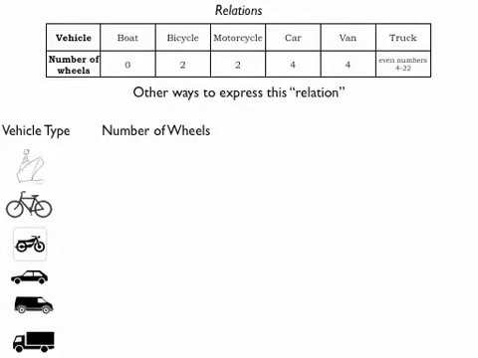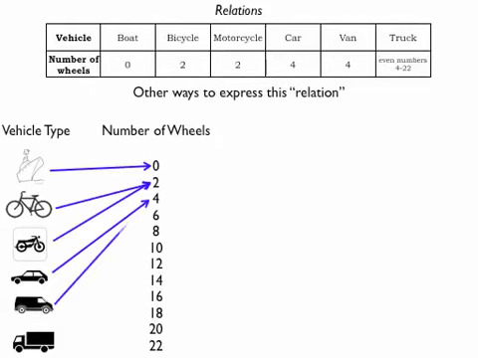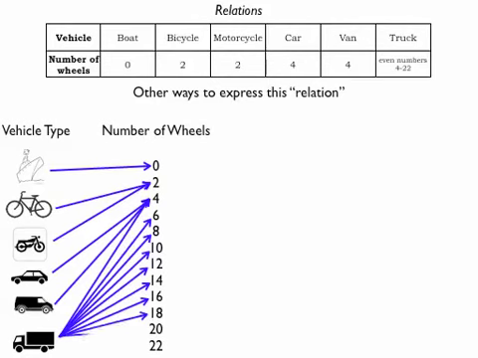And then underneath the number of wheels, I'll write 0 through 22 because those are all my outputs. And then I'm just going to draw a line. The boat has 0 wheels, the bicycle has 2, the motorcycle has 2, the car has 4, and that van has 4. And then the truck has any of those numbers between 4 and 22.